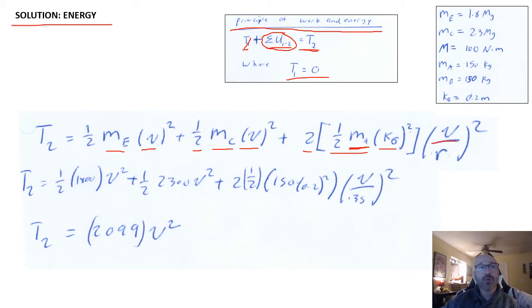So now we can take a look at everything that we know and that's given to us in our problem statement, which I've put up above here. So we have our mass of E, mass of C, our moment, mass A, mass B, and our radius of gyration. We can start plugging those in.